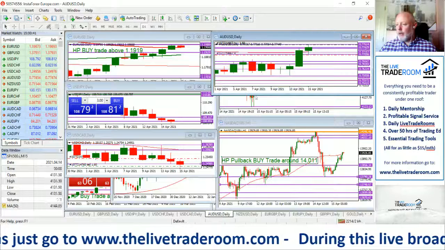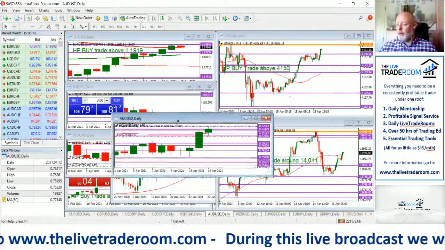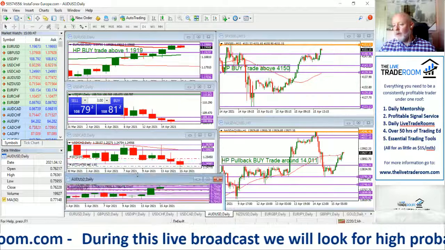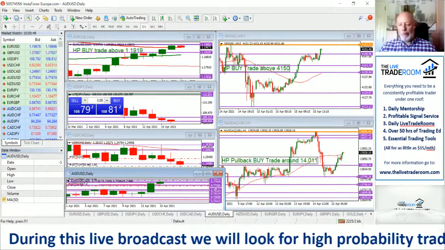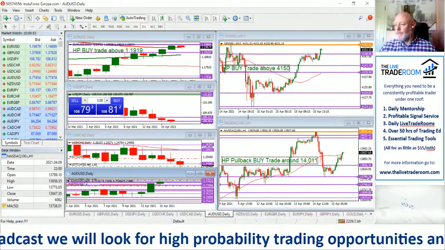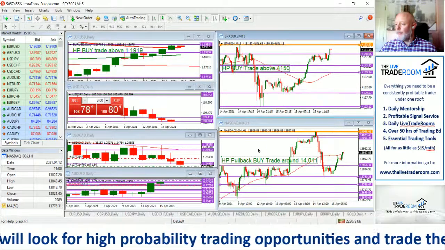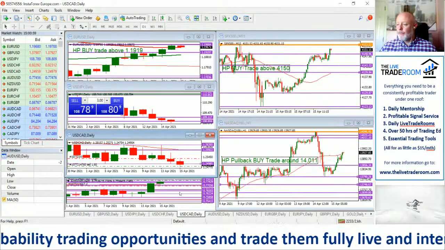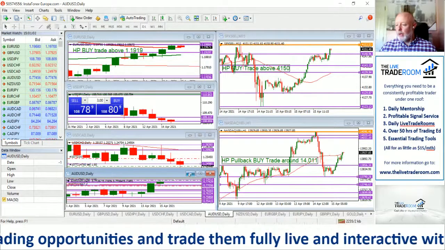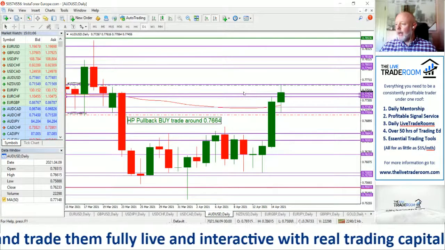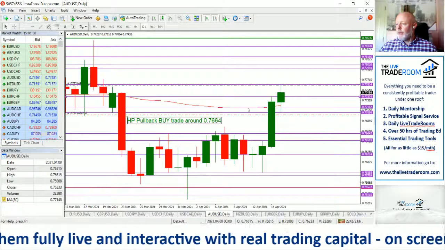We'll have a look at the Aussie dollar as well. This is quite cluttered, so we'll keep the daily high, but get rid of some of the others.